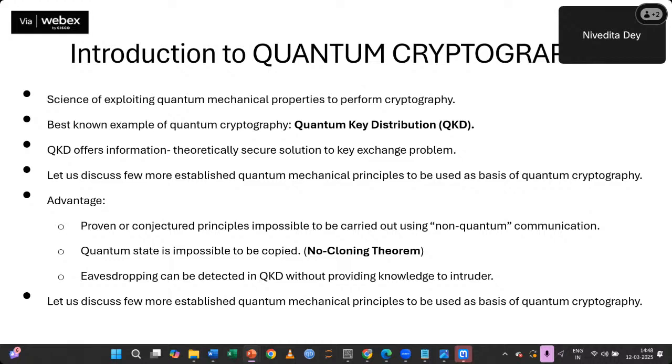But say I am an eavesdropper, my name is Eve. Whatever key or information Alice initially wanted to send to Bob, meanwhile I will get hold of that information. I will tap the channel somewhere through some means, and then I will have all the information.